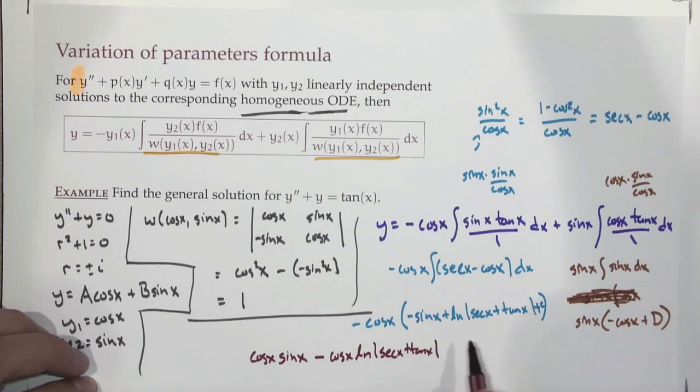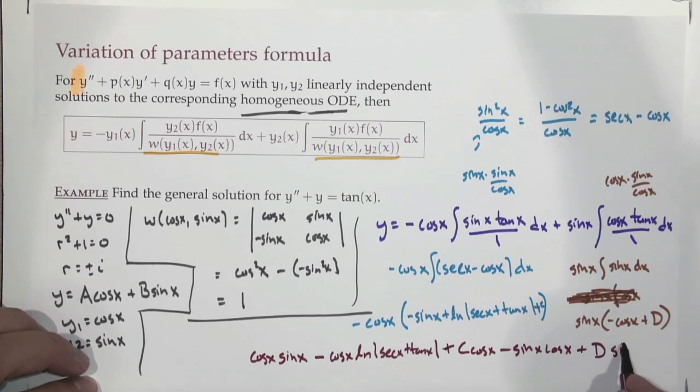And a minus cosine x times c, which I'll just write as c cosine x. The minus can be absorbed into the c. Here we get minus sine x cosine x and plus d sine x. Does anything simplify?